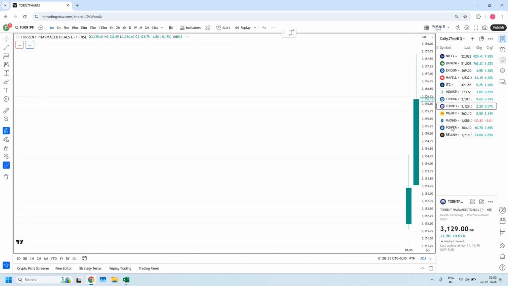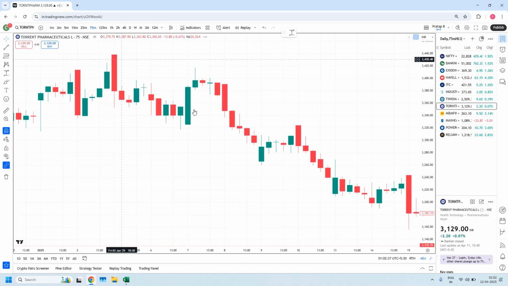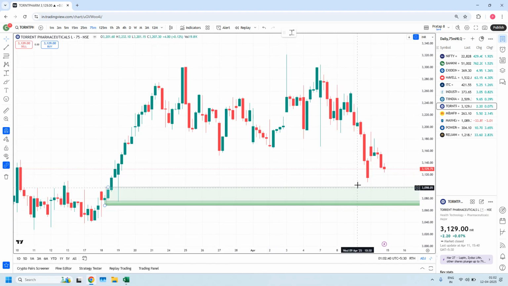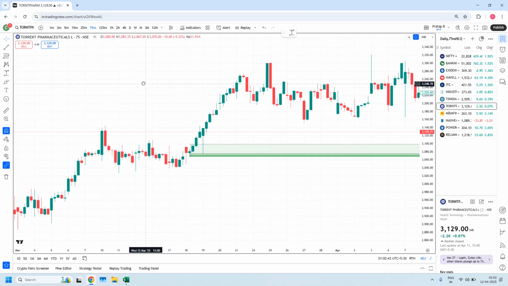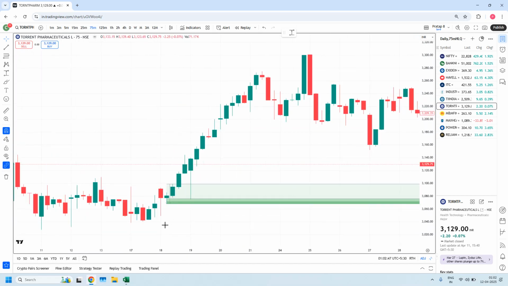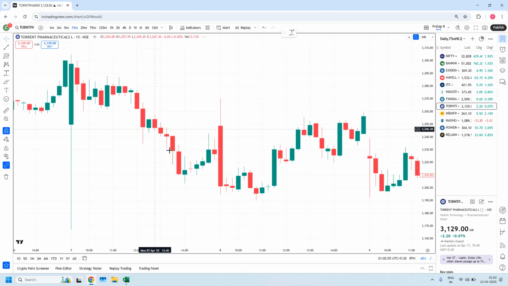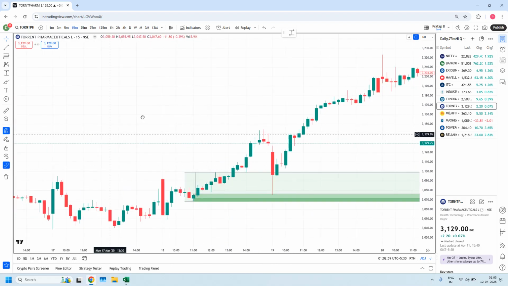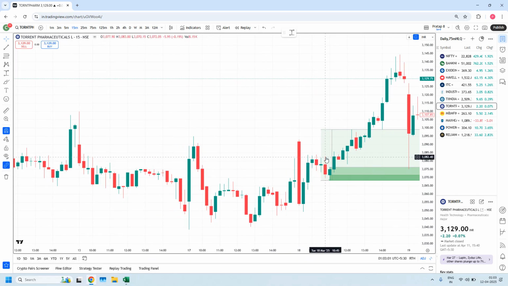And next one is Torrent Pharma. This is also a 75 minute demand zone. Today we didn't get any trade opportunity in this zone. Price did not enter. But how did our software identify this zone? As a failed ERC: a rally, 2 base candles and a rally candle. And this one is fine tuned with the 15 minute time frame. In 15 minutes, here I have drawn drop, base, rally.